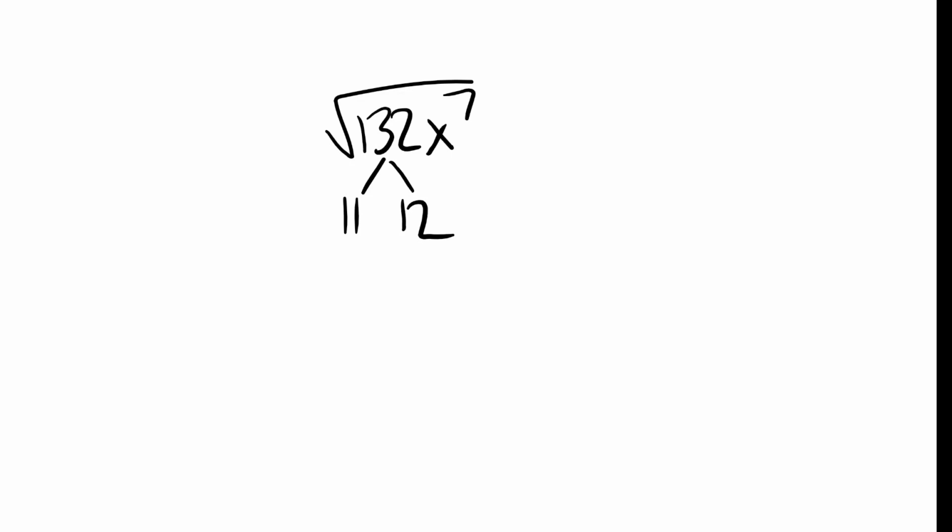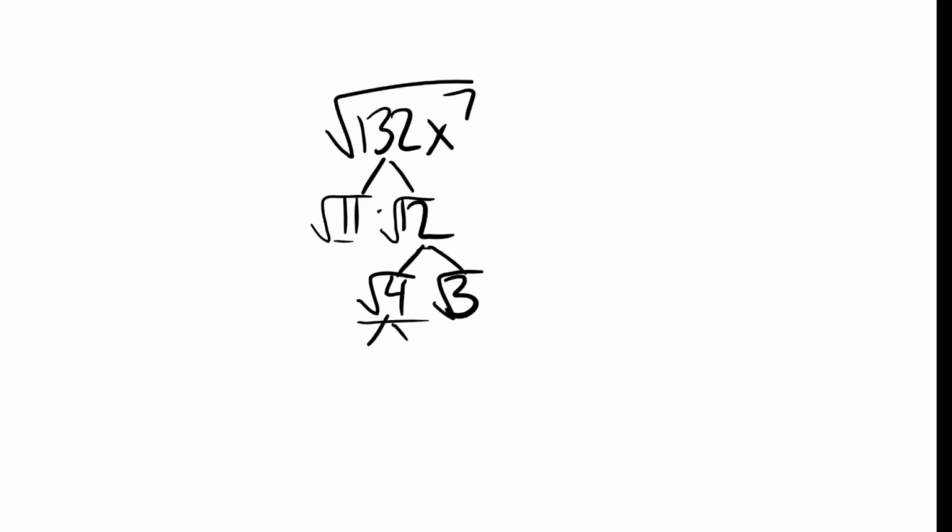You're welcome to use a calculator on any of these. You don't need to be able to do these in your head. Okay, so root 11 times root 12. Either of these perfect squares? The answer is nope. So I gotta keep going. So I get 4 and 3. Are either of these perfect squares? Heck yes, root 4 is definitely a perfect square.